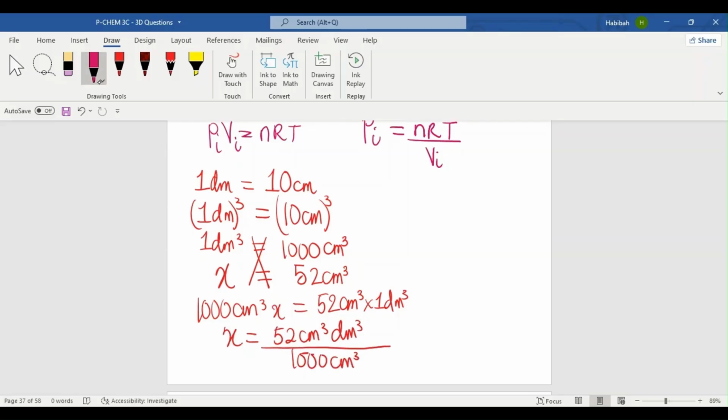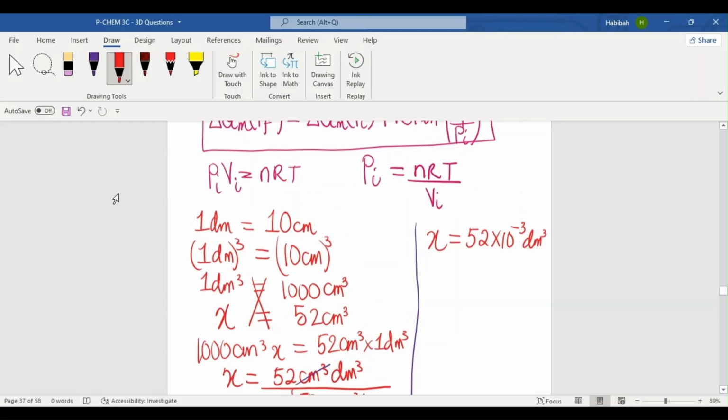Of course, you cancel out the centimeter cubed, 52 divided by 1000. So x is simply going to be 52 times 10 raised to the power of negative 3 decimeter cubed.